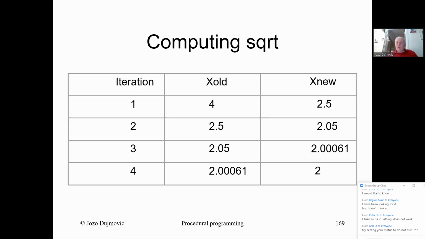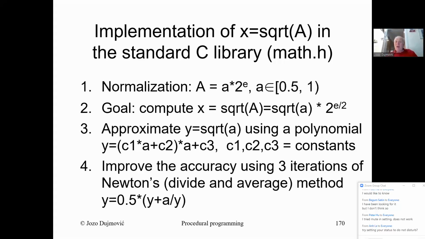Now, if you go to publications that show you the standard library, what are the functions inside, then they try to make this fast to execute, only three iterations of this iterative procedure. But then they do first normalization, and then in order to compute this, they have some initial values that approximate square root with polynomial.